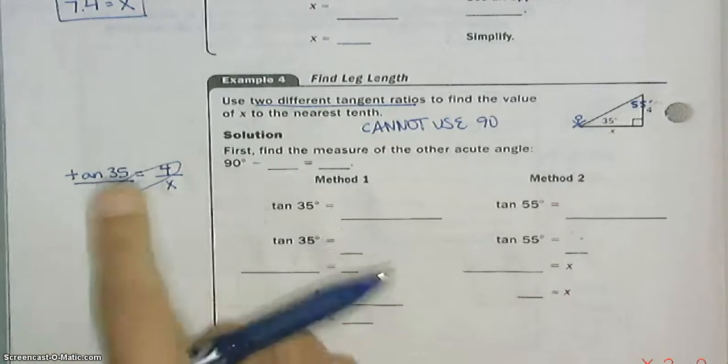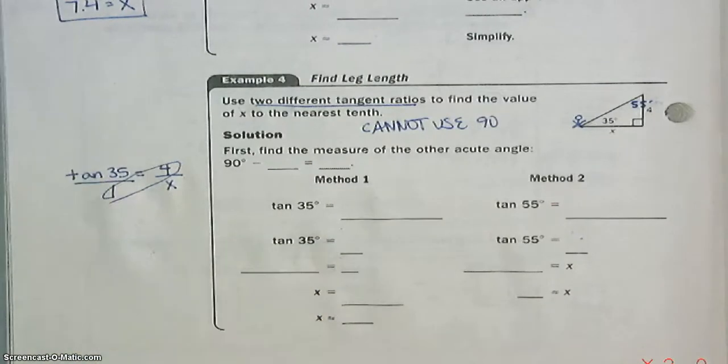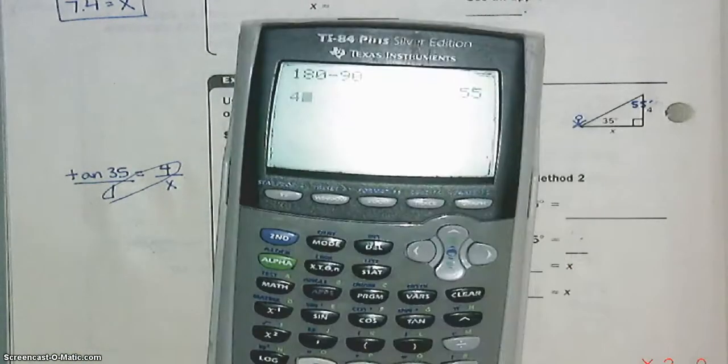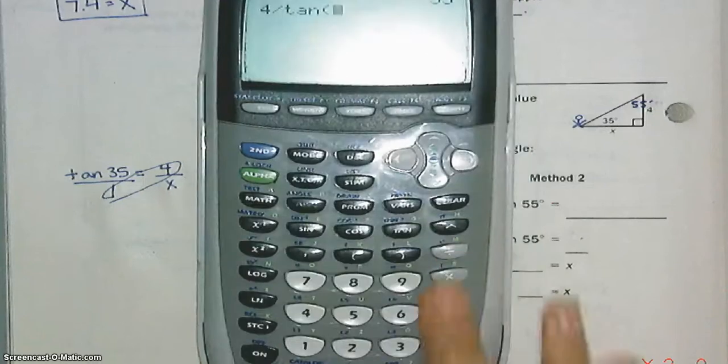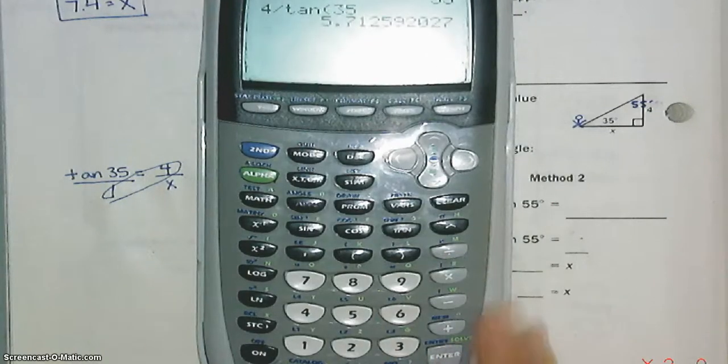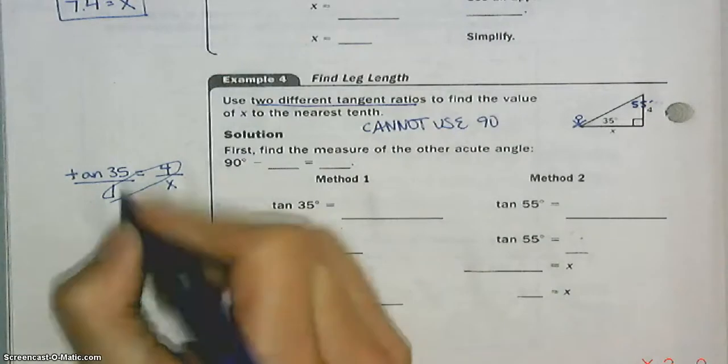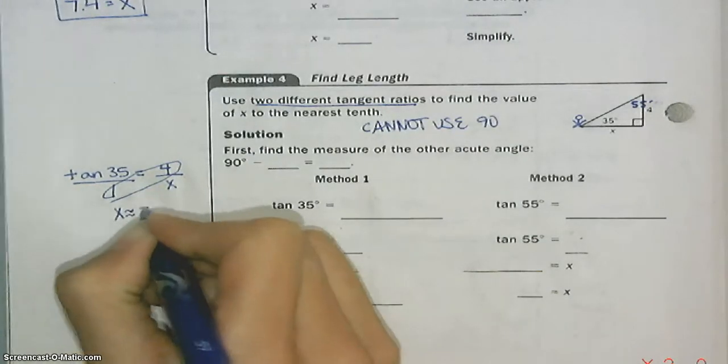So I'm going to do 4 divided by tangent 35. 4 divided by tangent 35. 5.7. X is approximately 5.7.